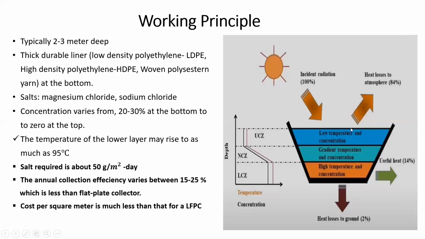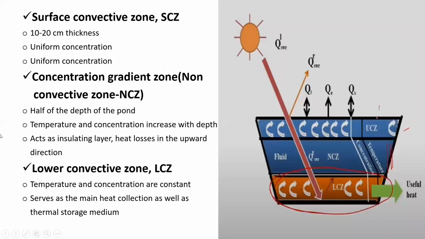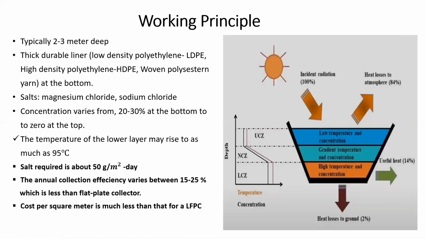There convection occurs at the surface, so it is called the surface convective zone. So the only useful heat is 14%.